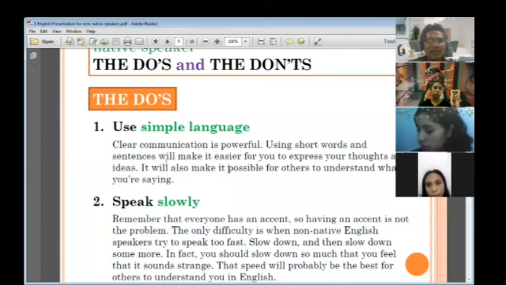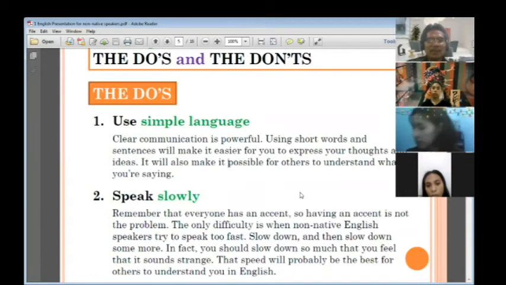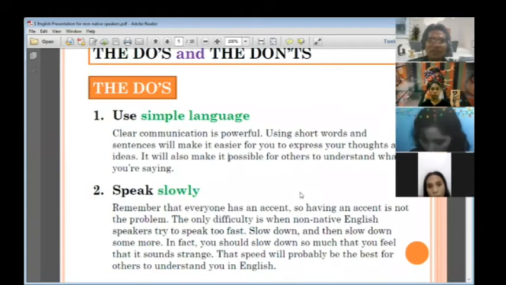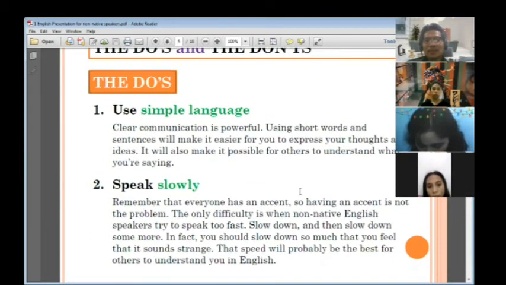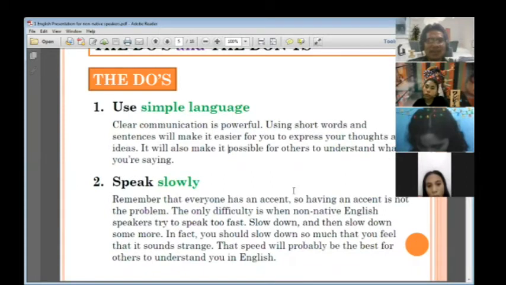Using short words and sentences will make it easier for you to express your thoughts and ideas, and it will also make it possible for others to understand what you're saying. Don't use complicated grammar. Make it easy, make it more simple, like simple subject-verb agreement, so that everybody will understand easily what you are going to talk about.